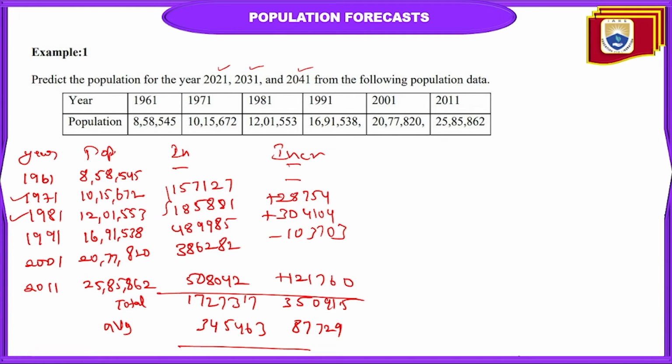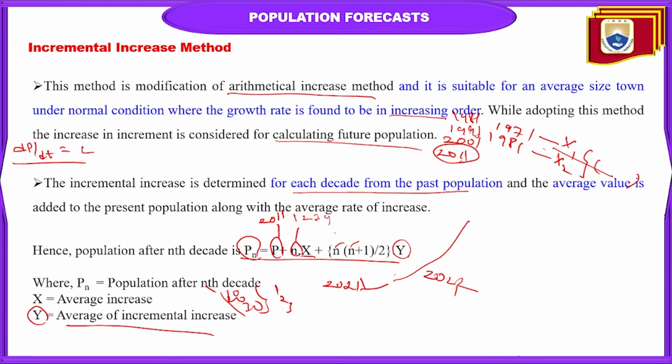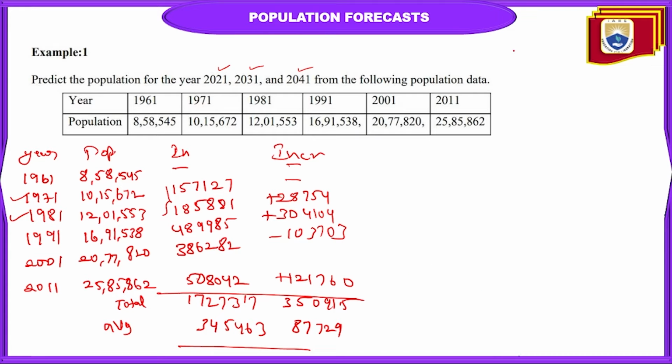Now once you see this formula, it is P suffix N, nothing but here we are for this particular year. Here you can write 2021. We are calculating 2021. So then P_n equals P plus n into X. I'll write the second formula here.